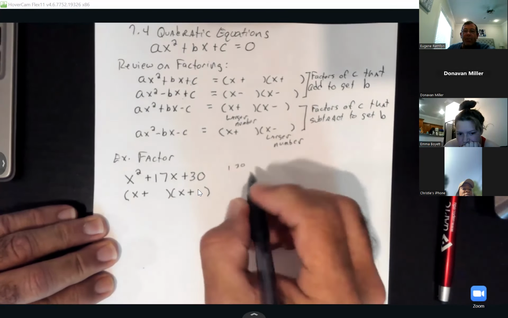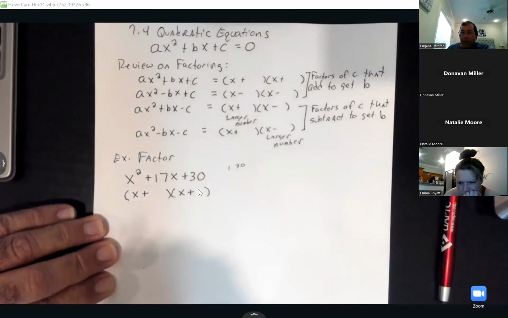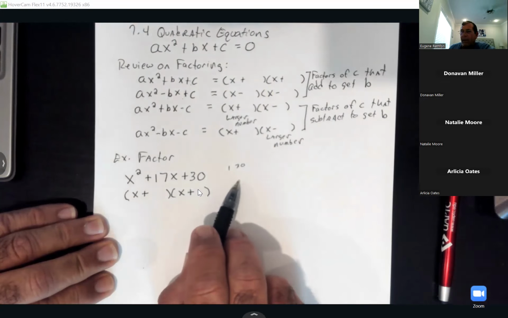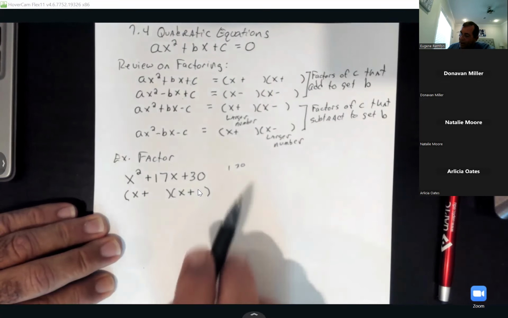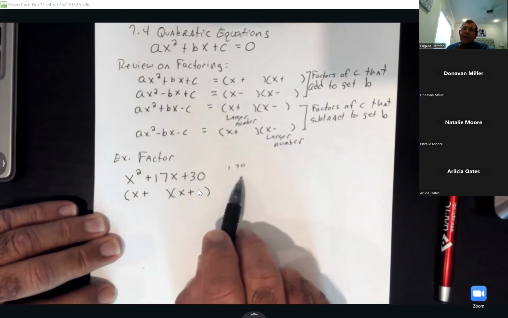Well, that adds to get 31. 7 and 10. Oh, what'd y'all just say? Seven and 10. All right, but remember, they got to multiply to get 30. So remember, 7 times 10 is going to give you 70.